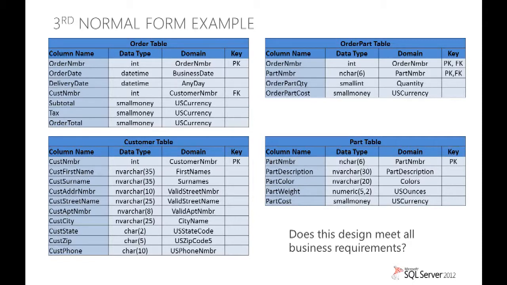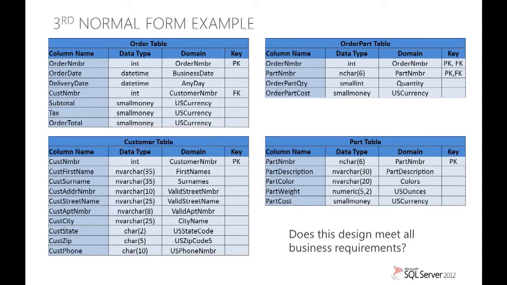But if you don't store calculated values like that, you may drive other requirements for your database. So for example, if I've got a requirement to be able to audit my orders 4 and 5 years in the future, I've got a problem that part prices don't stay constant. So if I'm not storing my calculation of the order part cost, it may drive another requirement that now I need a part price history table to be able to recalculate those values 4 and 5 years in the future.